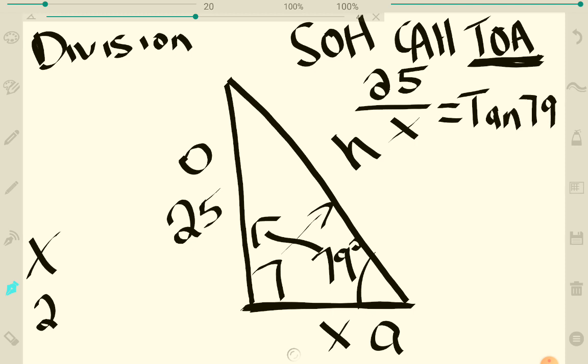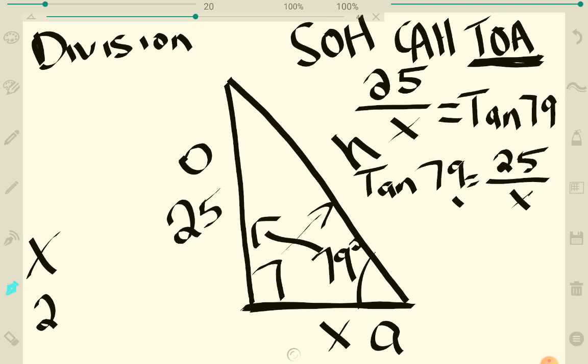For this one, you can multiply or divide, but the quick and easy way I learned is, when you have it like this, all you have to do is just flip these two.